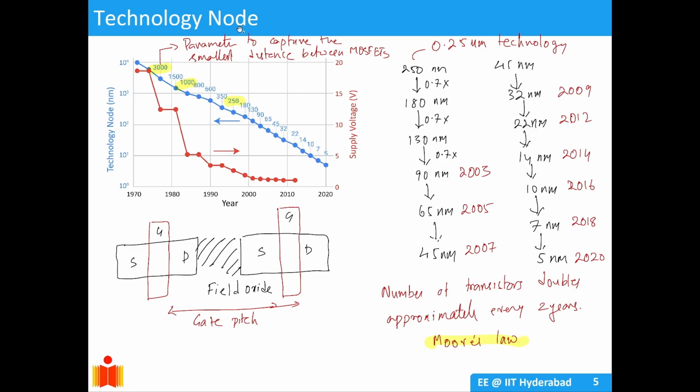Technology node is the parameter to capture the smallest distance between MOSFETs. You can see the technology node has gone from 3000 all the way to 5 nanometers.